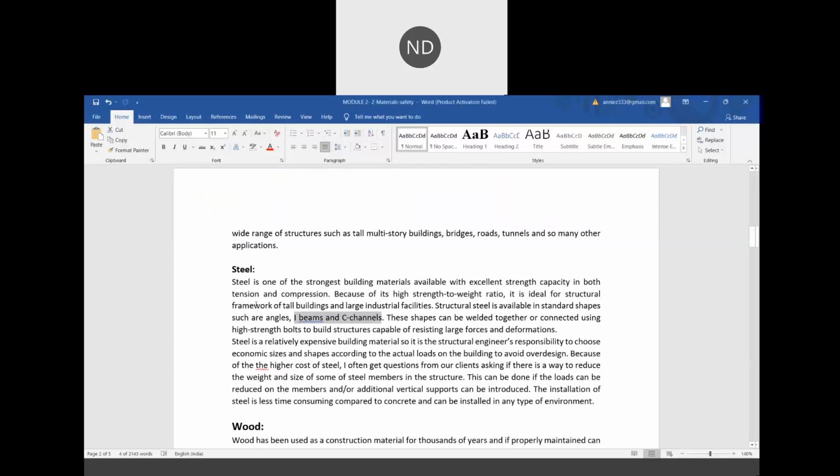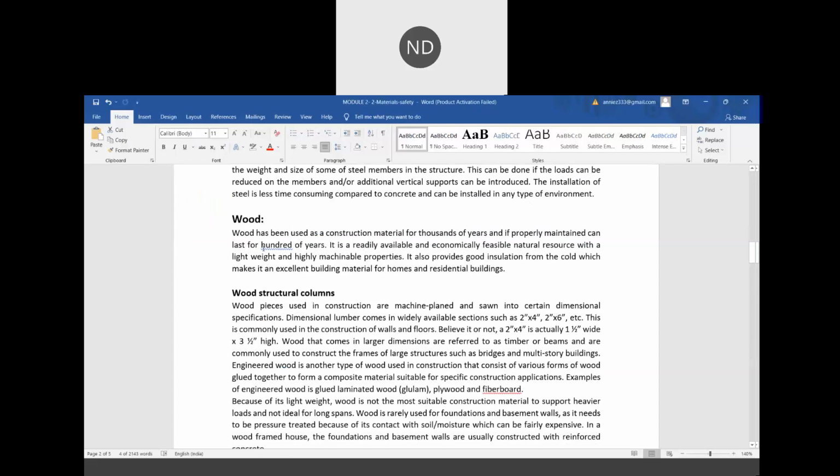Okay, so another one was your wood. Wood has been used as a construction material for thousands of years, and if properly maintained, can last for hundreds of years. It is a readily available and economically feasible natural resource with lightweight, highly machinable properties.